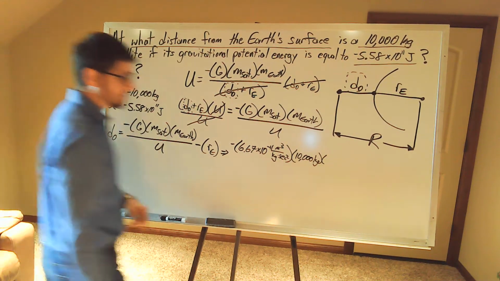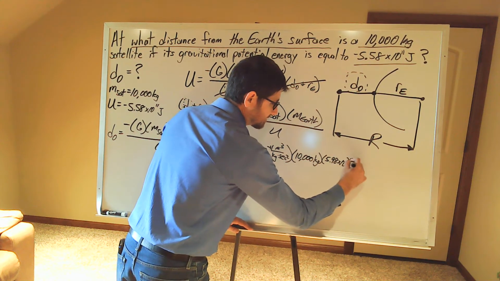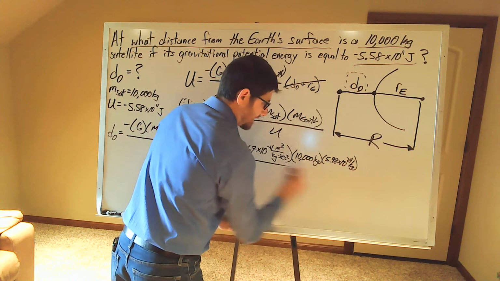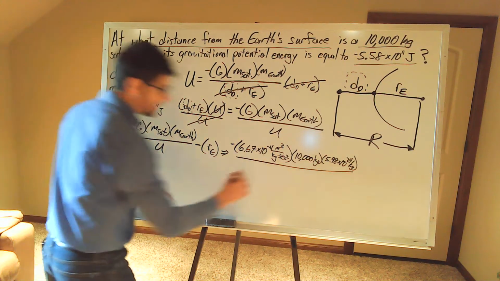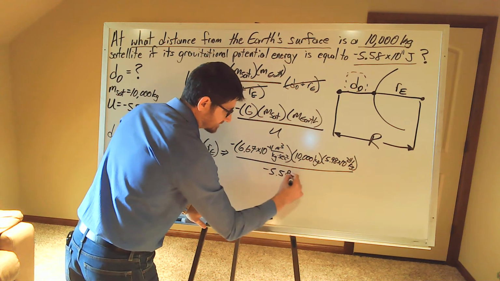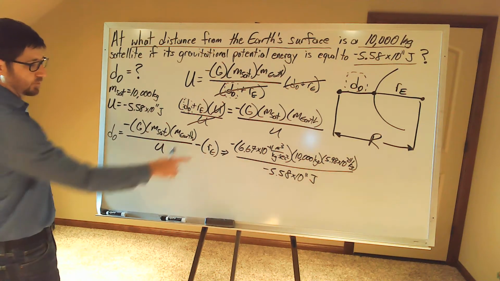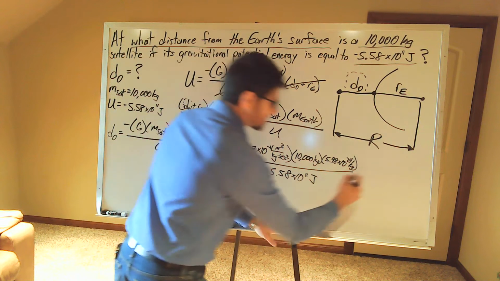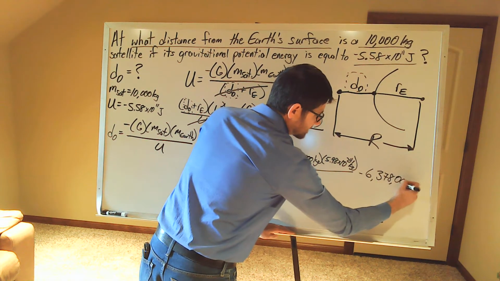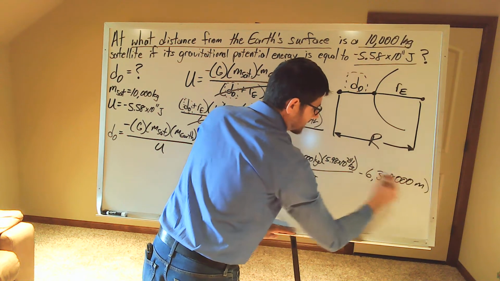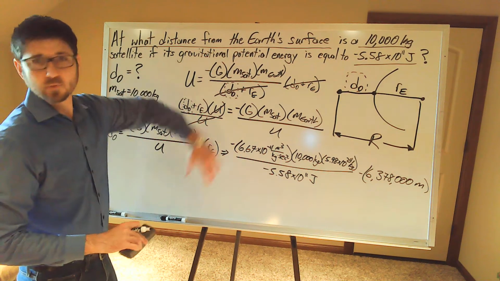Then we have mass of the Earth, 5.98 times 10 to the 24th kilograms. And we're going to divide all that by the gravitational potential energy, which is negative 5.58 times 10 to the 11th joules. And then we're going to subtract the radius of the Earth, so minus 6,378,000 meters.